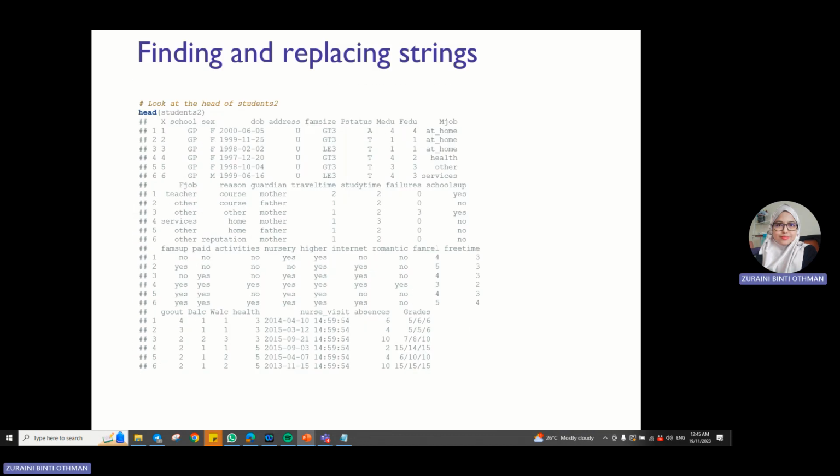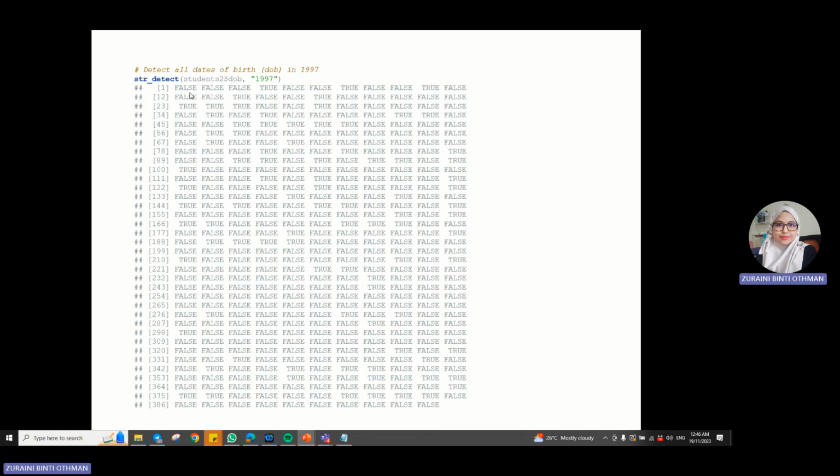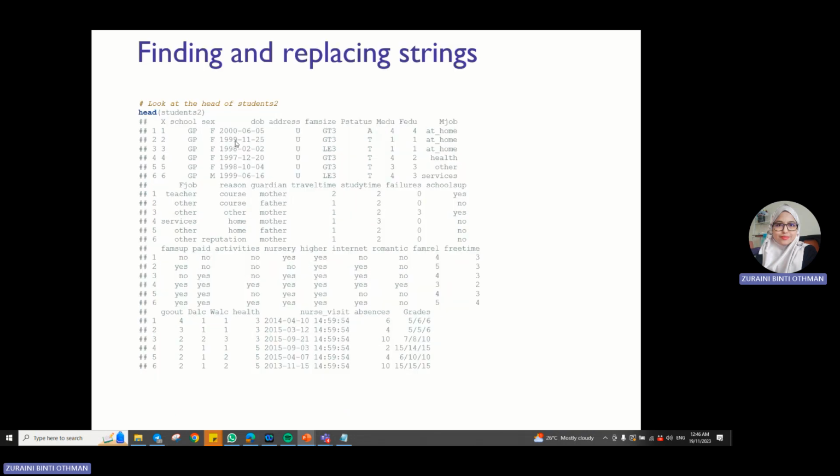DOB. The result of DOB just now. Where is DOB? Okay, here. 1, 2, 3, 4. For the column number 4 it is true. It is 1997, because I see it from here.